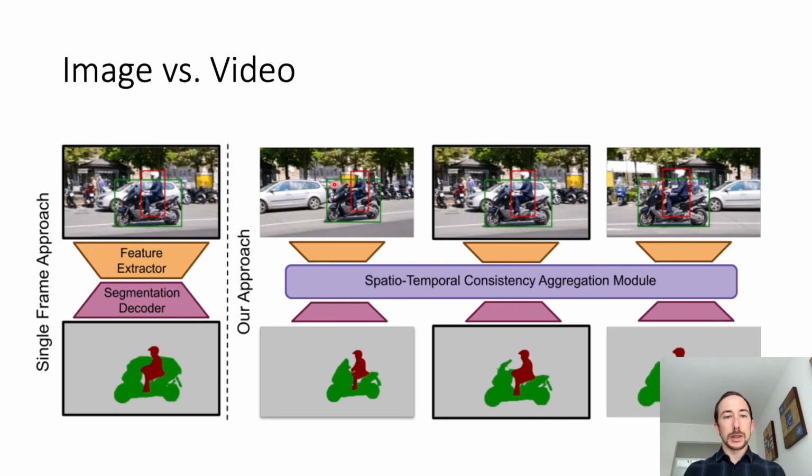So the consistent regions that are inside the bounding box are more likely to be part of the object that we want to segment, and the inconsistent regions, so the regions that change from frame to frame, are more likely to be background. And in fact, our approach achieves a much better segmentation on this particular example.